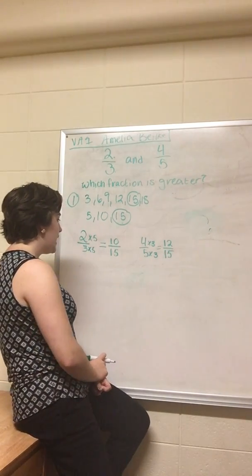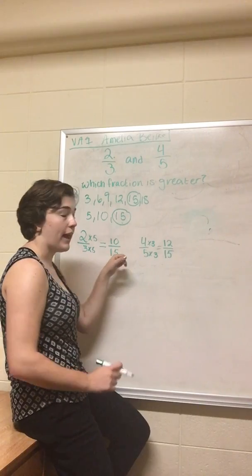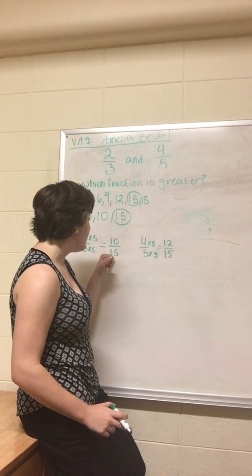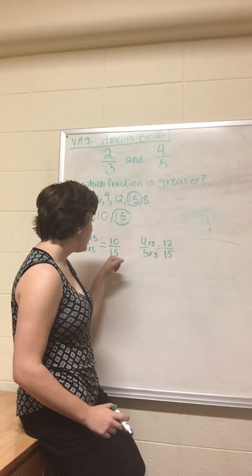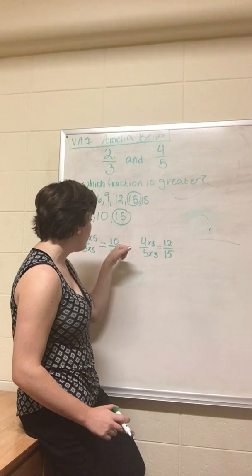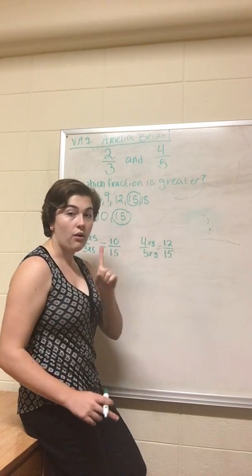Now I'm going to take what I have here and use a benchmark fraction, or fractions that these two are closer to. Okay? So the fraction that these two are close to is going to be 1 whole.